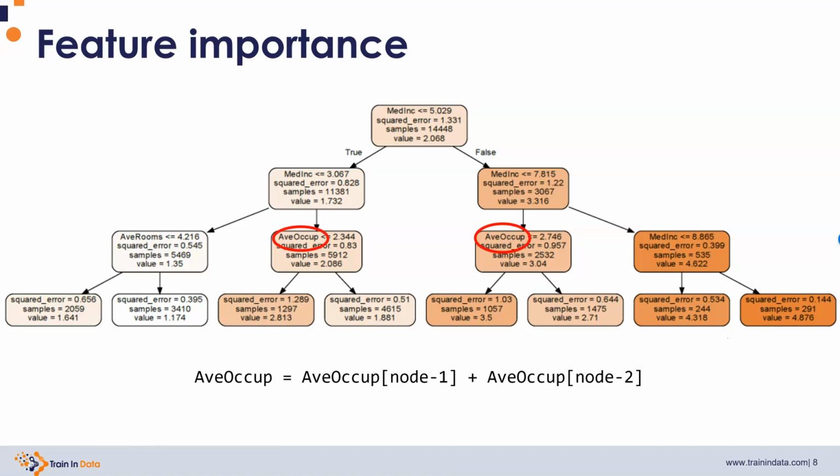Then, to calculate the importance of, in this case, average occupancy, I need to do exactly the same calculations for this node here and this node here. And then we have one additional feature in this decision tree, which is the average number of rooms. In this case, this feature is used only here, so we will have only one value to use to calculate the importance of this feature.